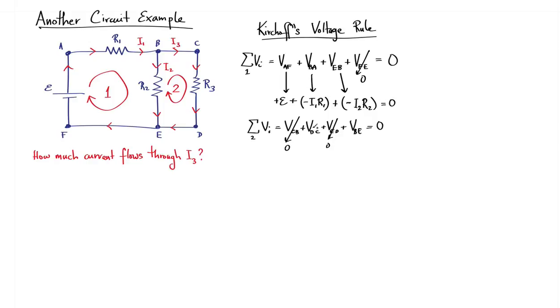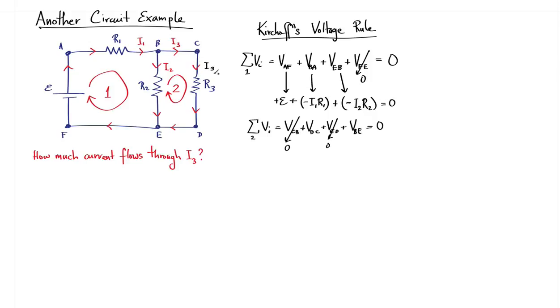So then we're left with the voltage from C to D. We can see there's an I3 flowing out of B along this wire. When we get to point C, whatever is flowing into point C is flowing out of point C. So that means I3 is also the current flowing downwards.